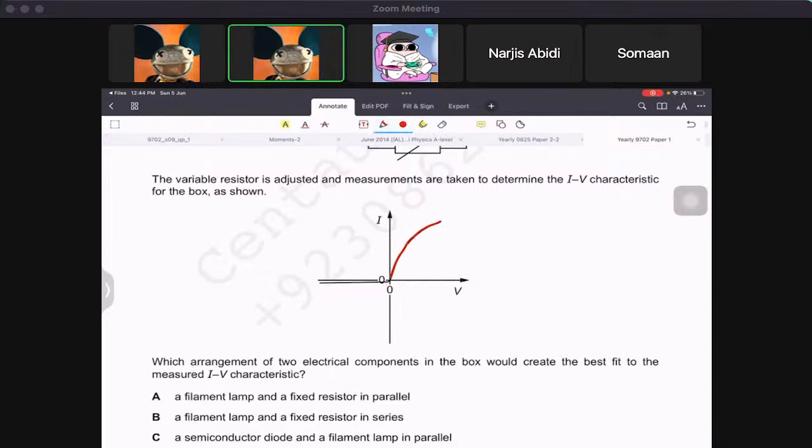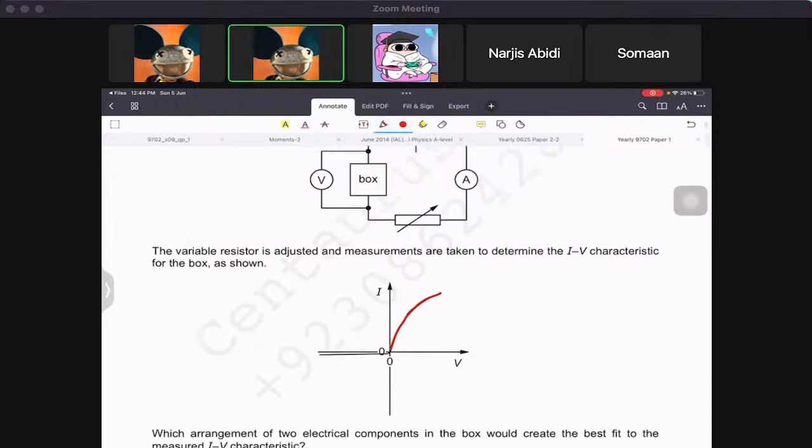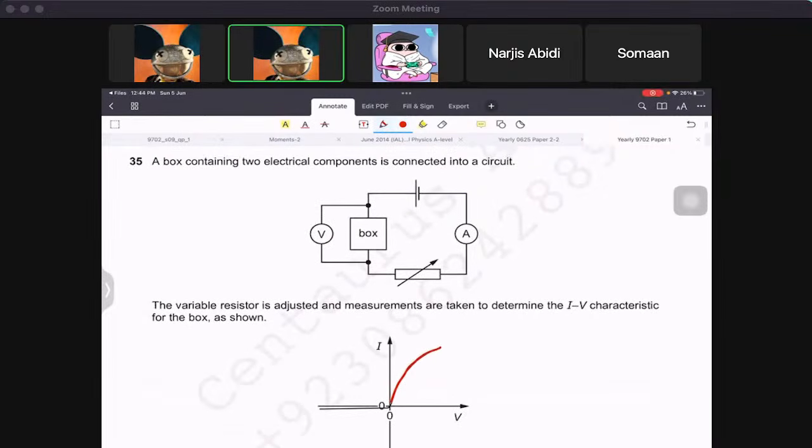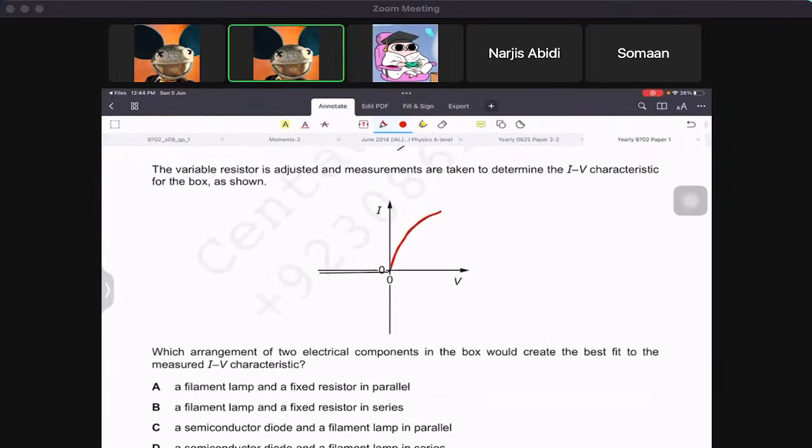They're in the box, right? So this would only be there if they were in parallel. Then you can't make their graphs similar, because each graph will be different: the diode will show you this and the filament lamp will show you this. So if you combine them, it means they're in series. Has to be D then.